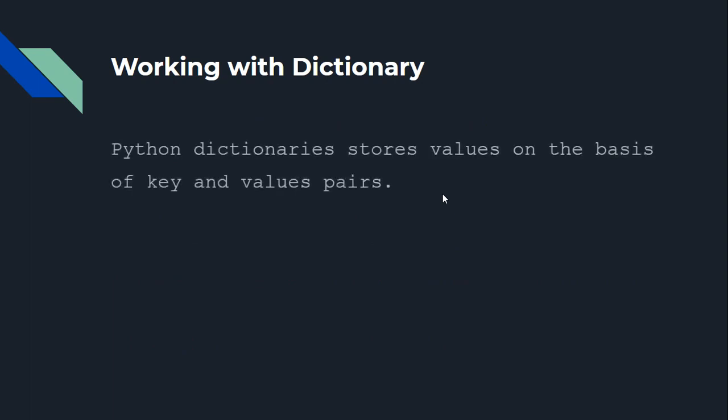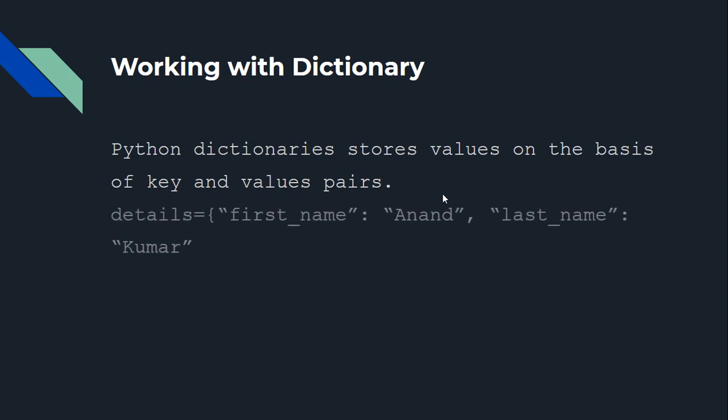Next is dictionary. So what is a dictionary? Python dictionaries store values on the basis of key and value pairs. One very basic example of a dictionary is this. Suppose we have details, a dictionary that contains information about a user, and the details of the user are first name and last name.